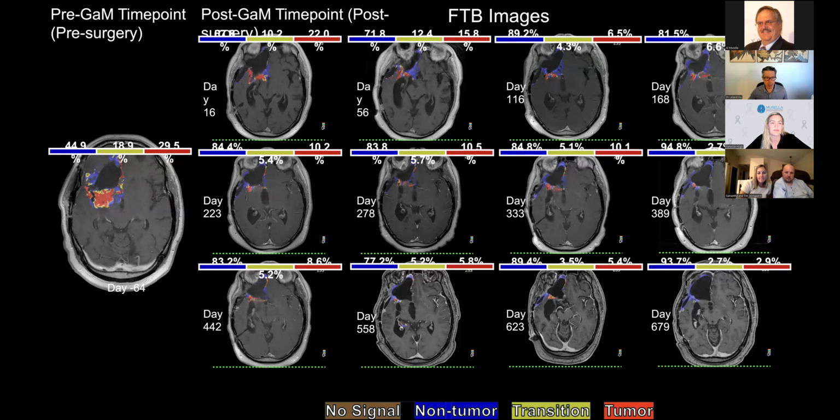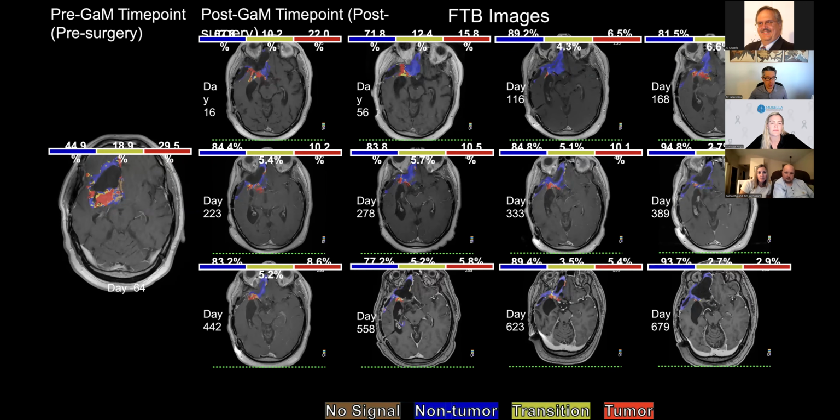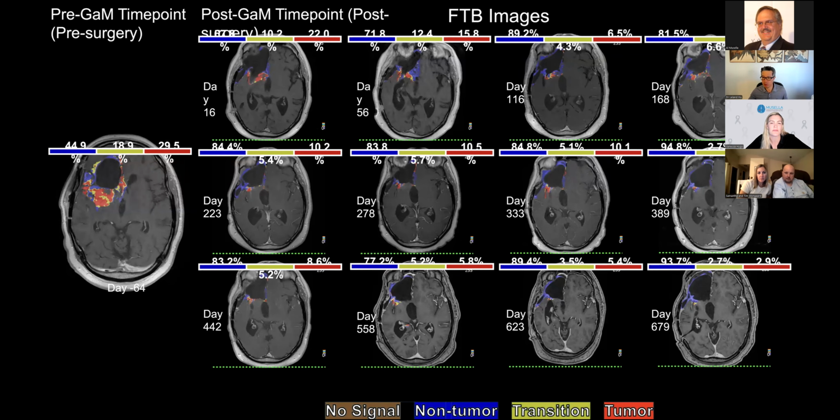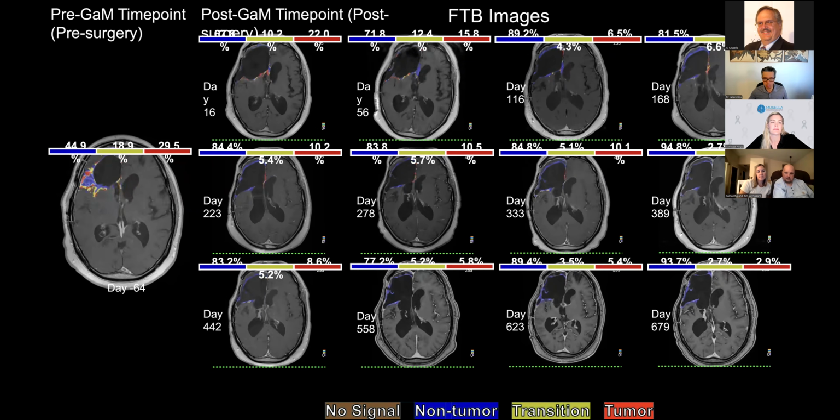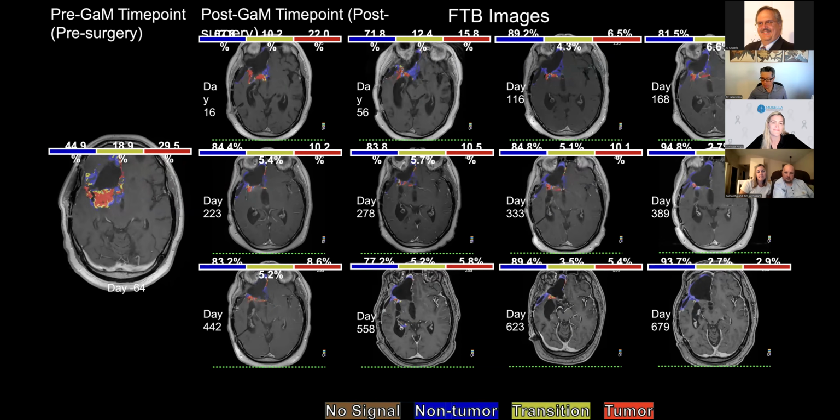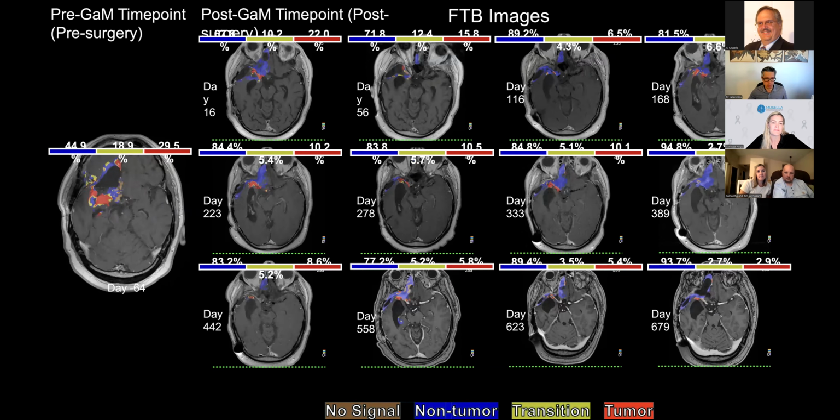And then as we progress, that enhancement is regressing over time. So as we go further out, there's certainly much less of that red, if any, which from an imaging standpoint is very encouraging, and hopefully that fits with the clinical picture of how you're feeling as well.